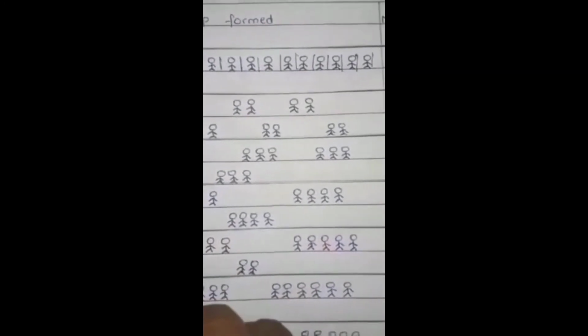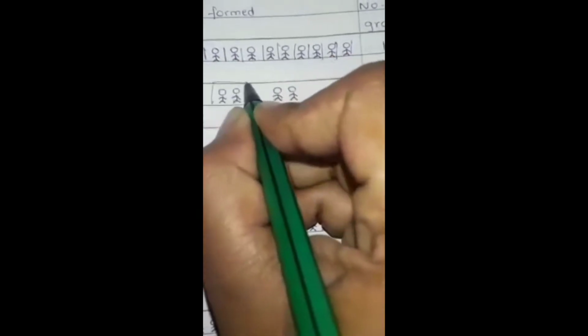We'll move on to the next one. The number announced will be 2. That is, in one group there must be 2 people. So how many groups can be made? There are 12 people, so we'll make them into groups. This is one group. This is 2 group.